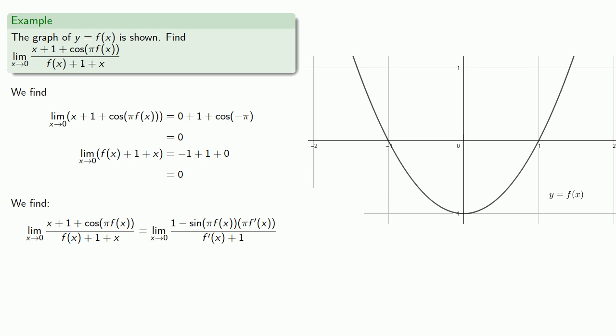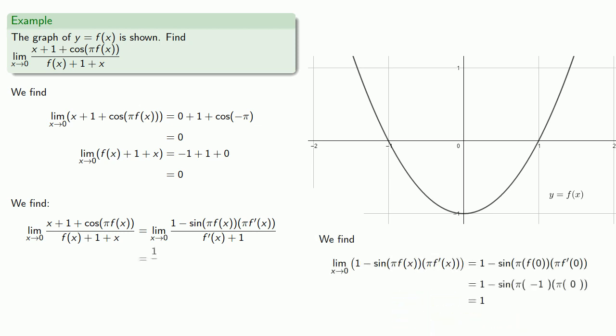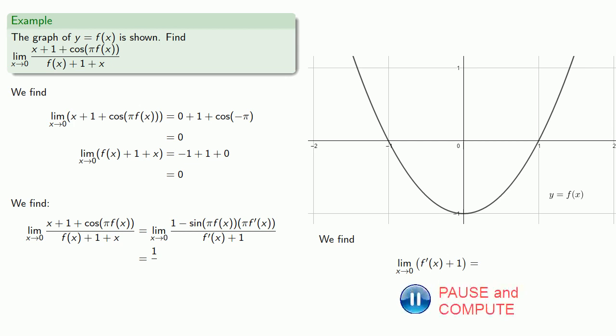And we've already determined the value of f of 0 and f prime of 0, so we'll substitute those in. Our numerator goes to 1. Our denominator also goes to 1, and so the limit of the quotient is equal to 1 over 1, or 1.